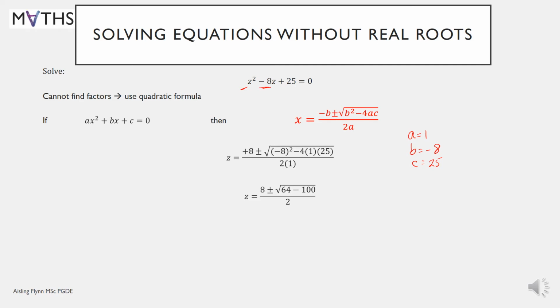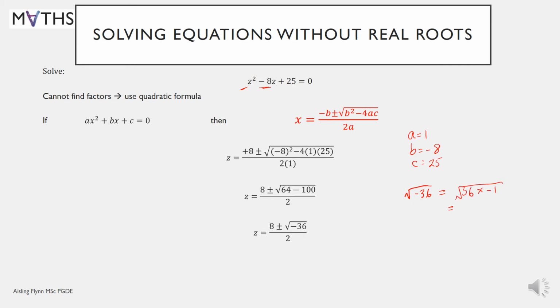So you get 8 plus or minus the square root of 64 minus 100. And what happens is you end up with a negative under the square root. So we have the square root of minus 36. If you think back to when you first learned about imaginary numbers, this is 36 by minus 1.